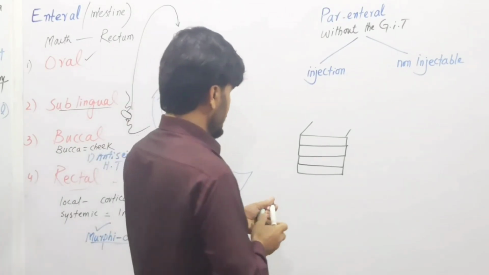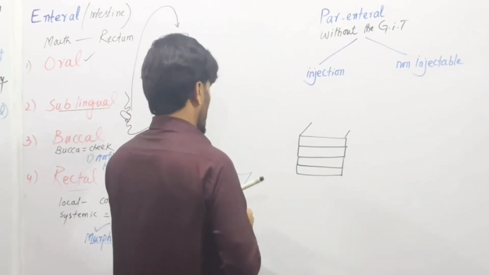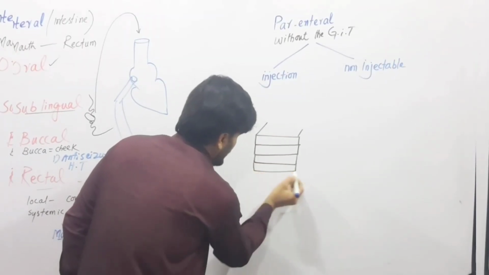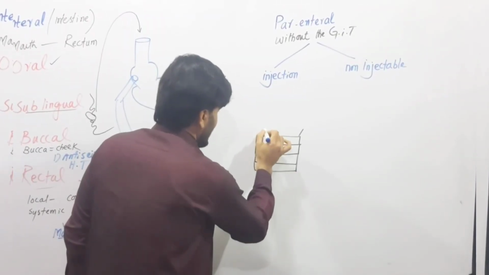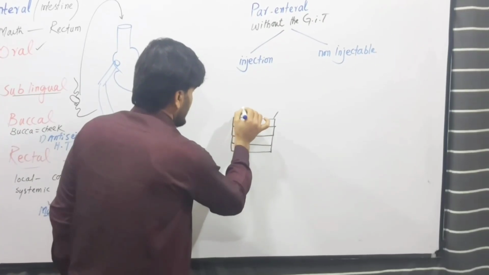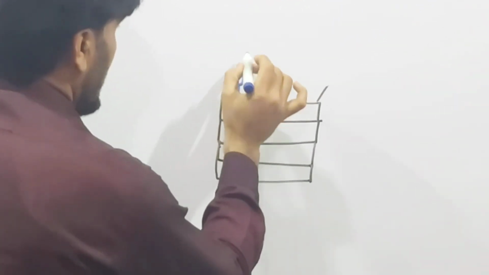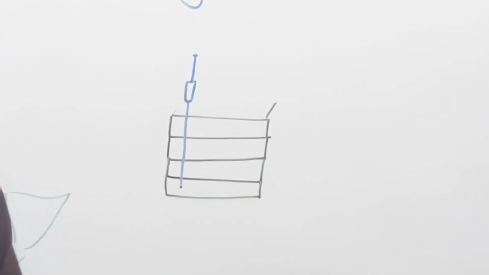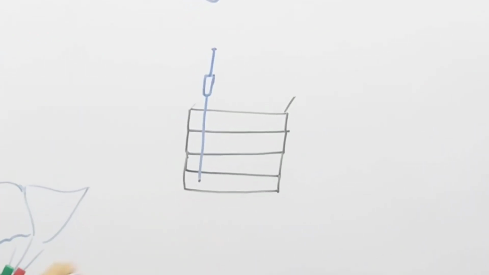The first one is the intramuscular route. In the intramuscular route, the injection is administered into the muscular layer. From here it is absorbed into the systemic circulation.